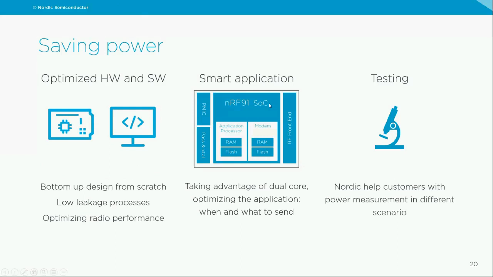When we develop the SoC with the application processor and the modem together, we can also take advantage of that when we optimize clock and power management for everything together. And we can optimize the interface between the application and the modem in a way so that you minimize how much data you need to send between the modem and the application.